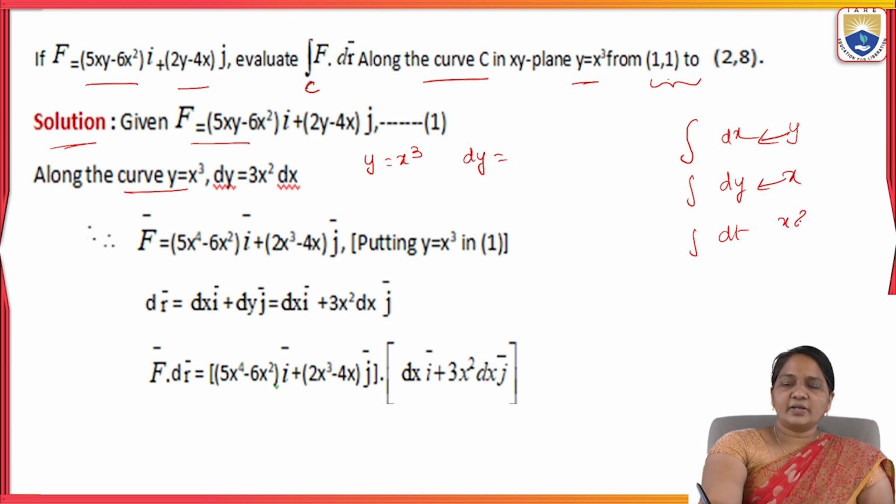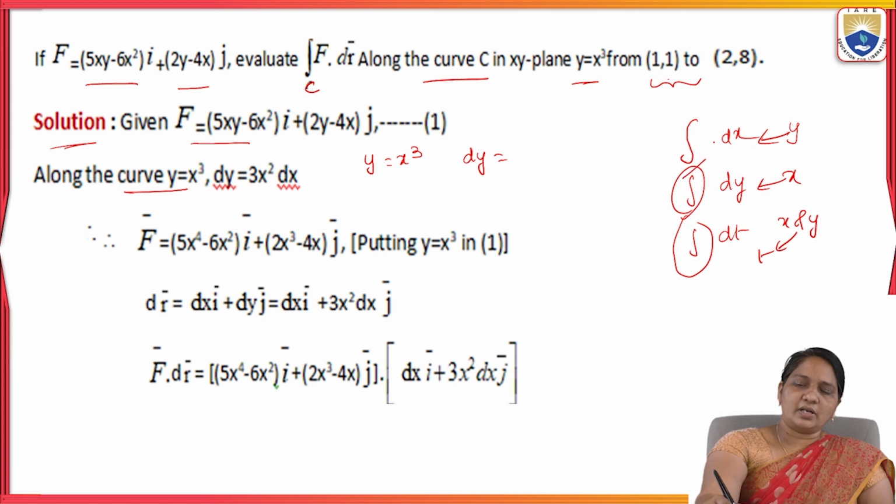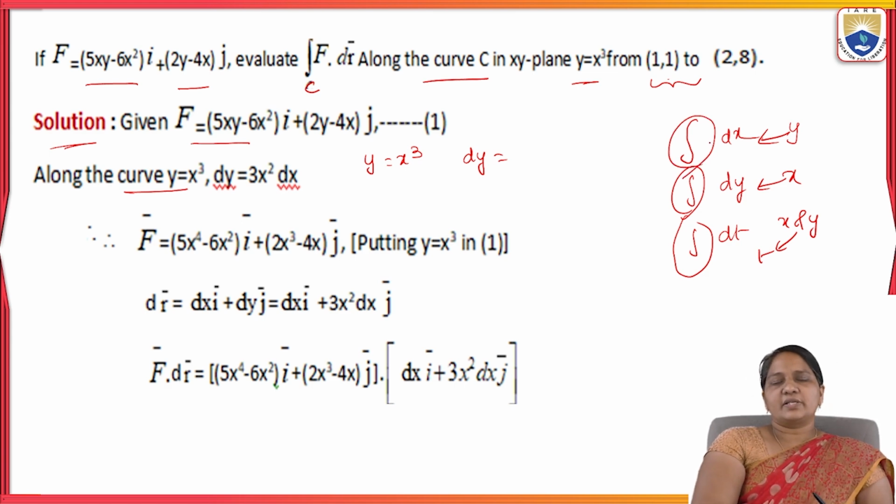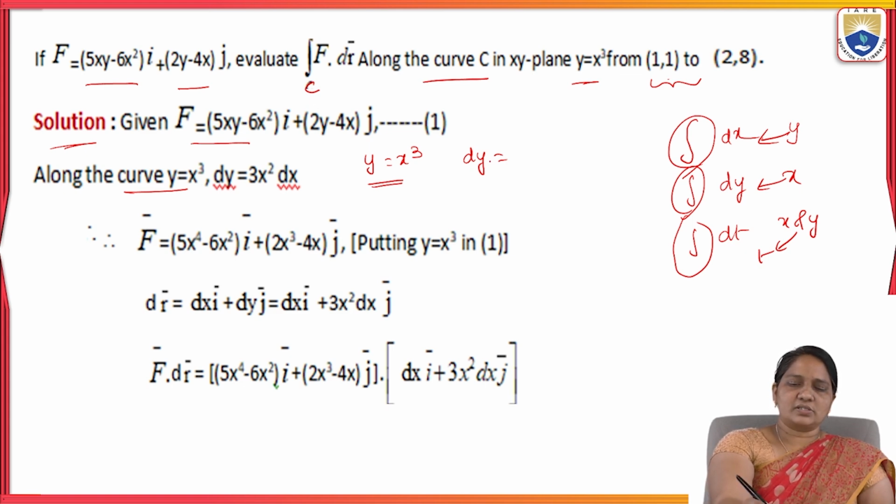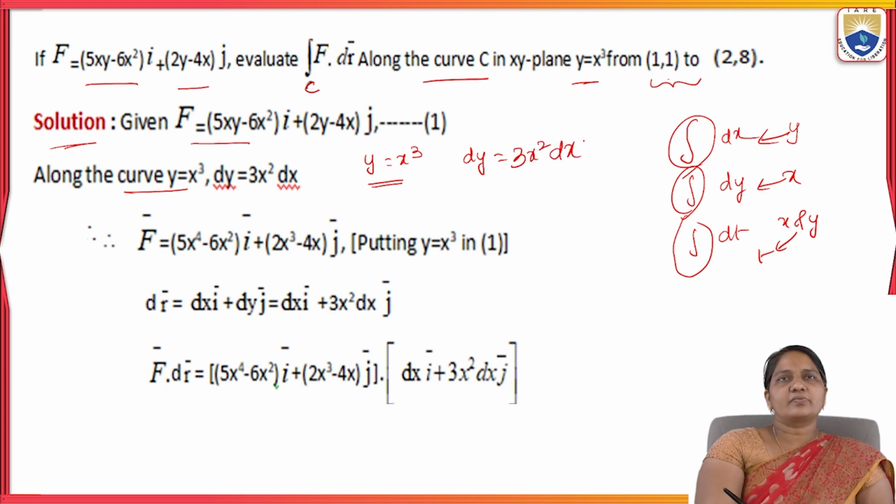Otherwise, x and y both should be converted into t. Then only we can integrate the single integral or line integral. So here y equals x cube, I am converting in terms of x. The derivative gives dy equals 3x square into dx.